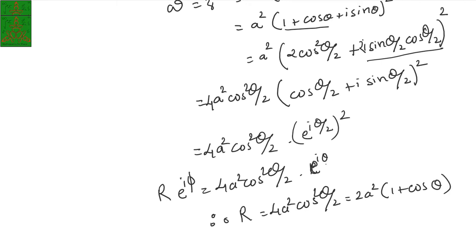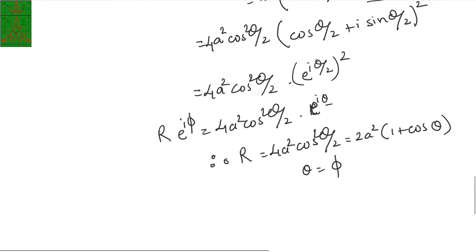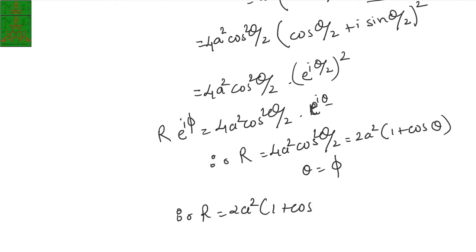And since this theta will be phi, to substitute that value, you will have r equal to 2a square (1 plus cos phi). This is the image of the circle mod z minus a equal to a. So that is the image. What does this represent?